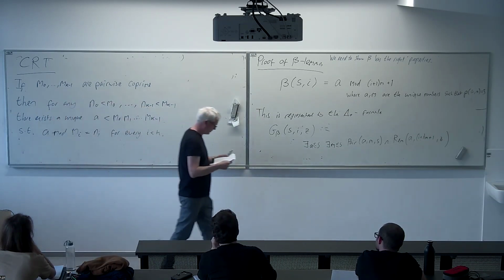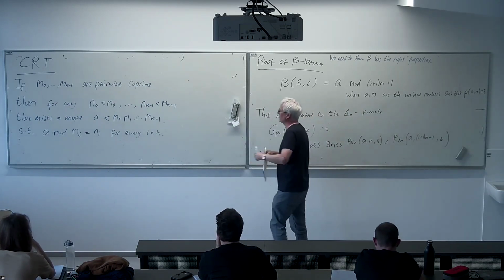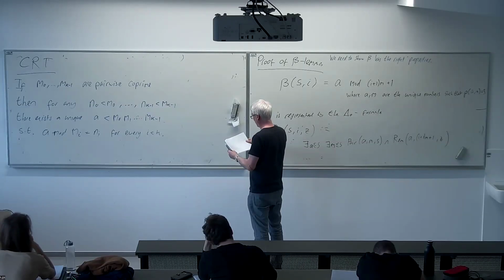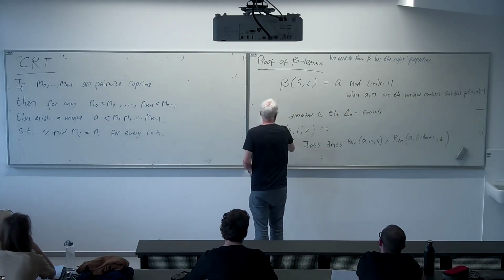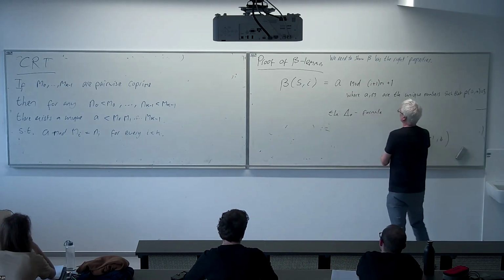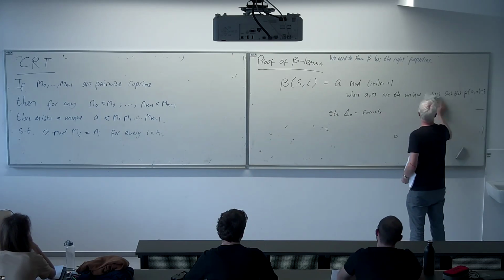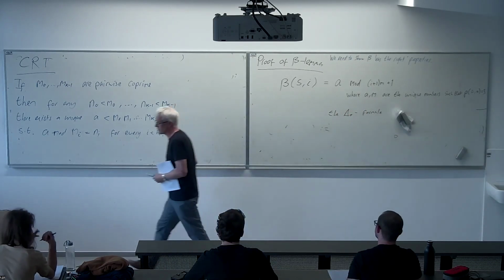Okay. So in our case, I guess I can fit it on one board if I use two panels. I'll remind you what the beta function is, let's maybe put it here.